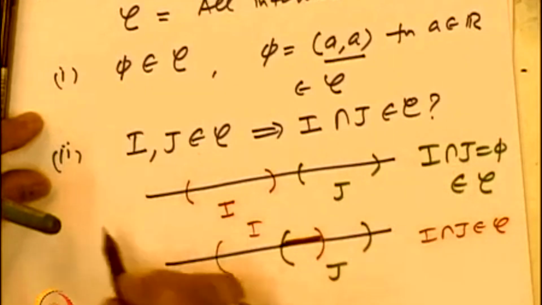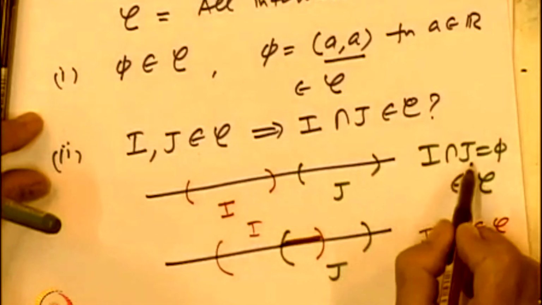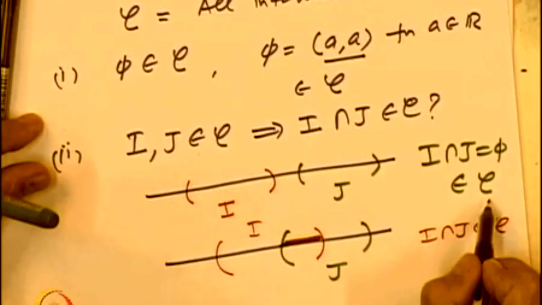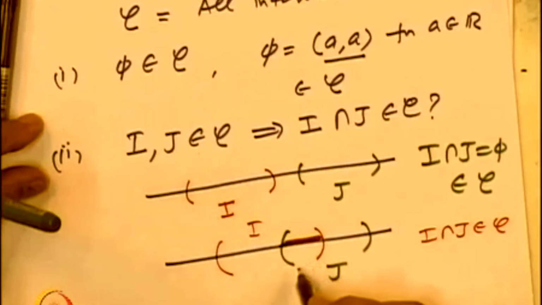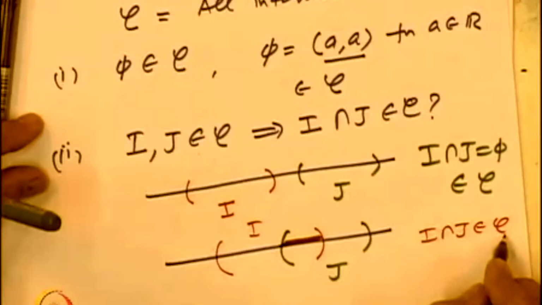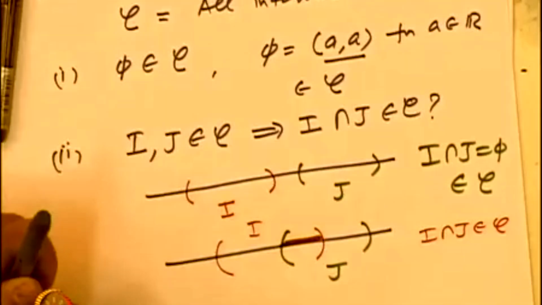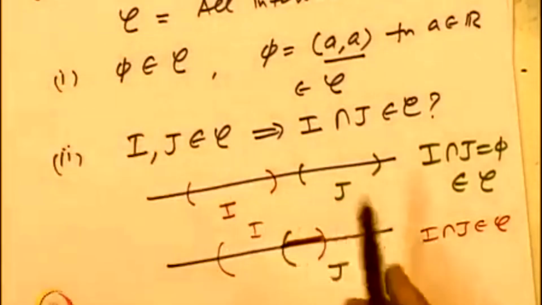So two cases: case 1 when they are disjoint, the intersection is the empty set and belongs to C, and if they overlap, then the overlap itself is again an interval and that belongs to C. So it's quite clear that this collection of all intervals is closed under intersection also.